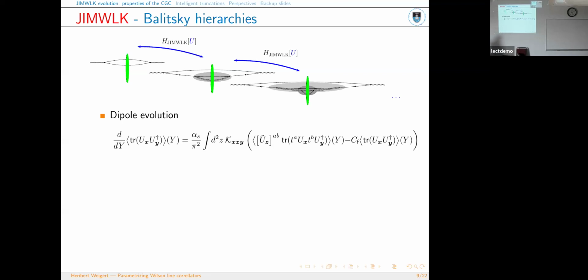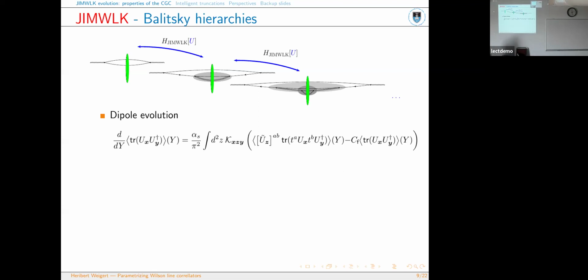And you see on the right-hand side, there is a term, this is the very last term, that just has the same thing in it. But the first term in the round brackets has an additional Wilson line at a point z. That is actually in the adjoint representation. That's what the tilde is for. And therefore, there are adjoint indices on the thing. That represents the newly produced gluon also scattering off the target and also getting its color.